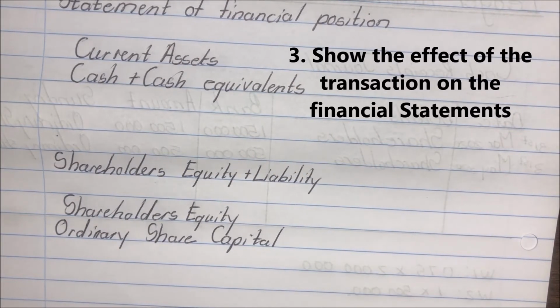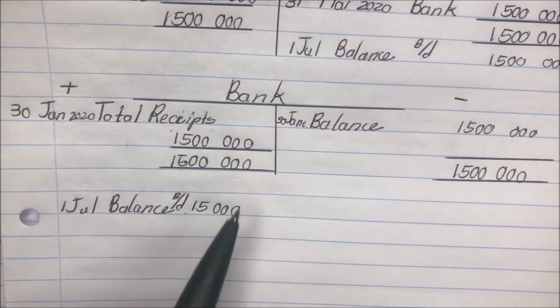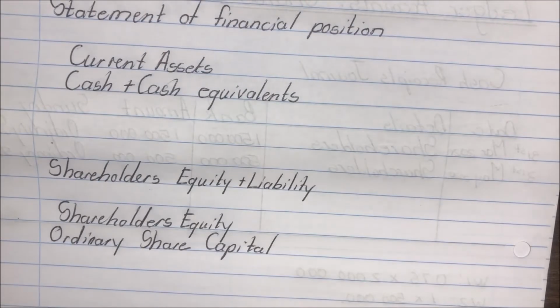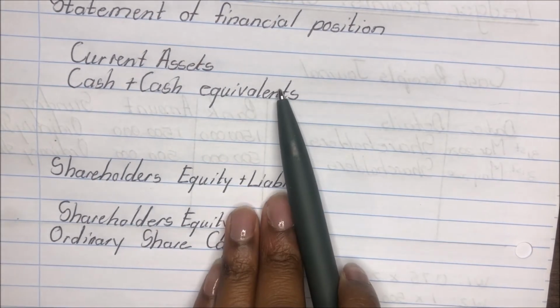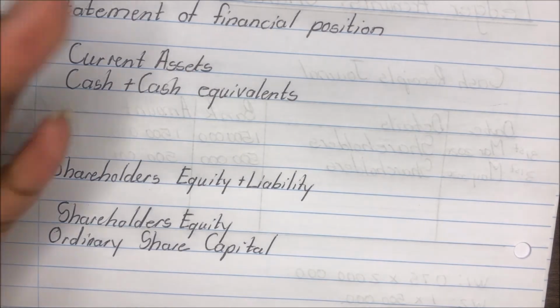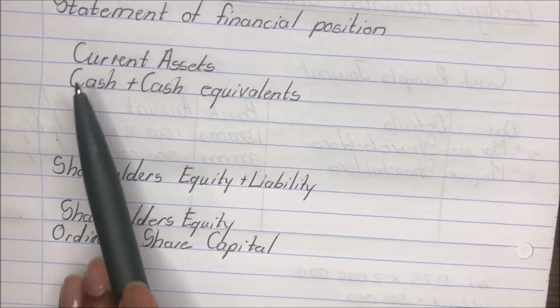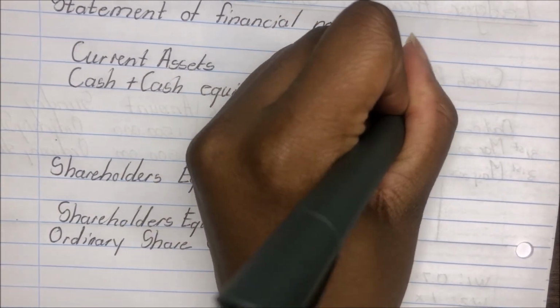Now we move on to the final required, which asks us to show the effect of the transaction on the financial statements. The financial statements are your statement of comprehensive income, your statement of financial position, and your statement of cash flows. Our bank increased by 1.5 million, and bank is our current asset. You have your non-current assets and all of those things, but under our current assets, bank falls under cash and cash equivalents, and that's where we have 1.5 million.